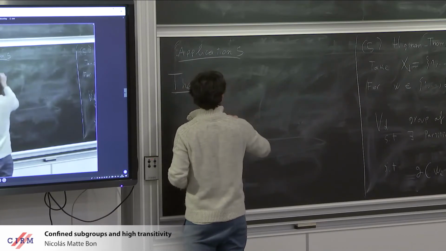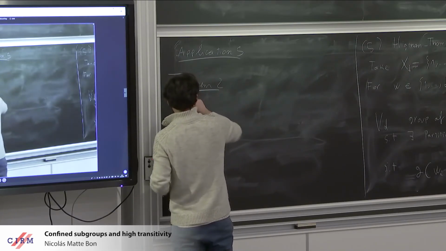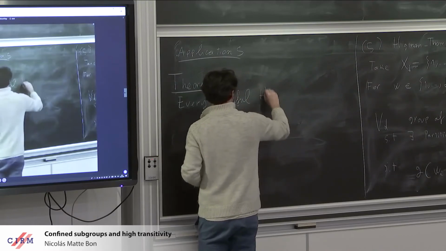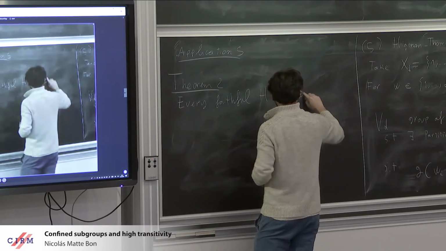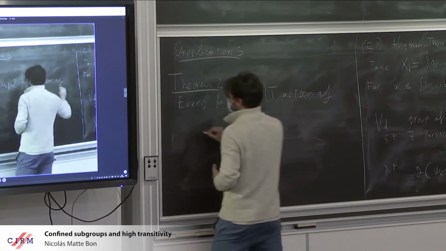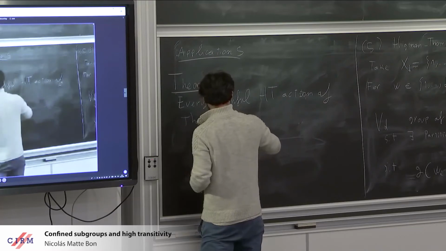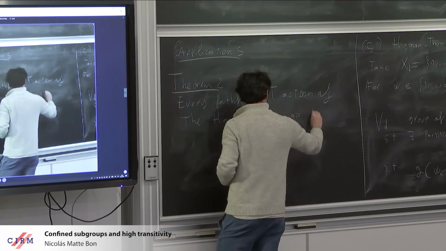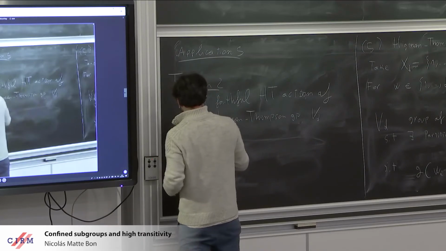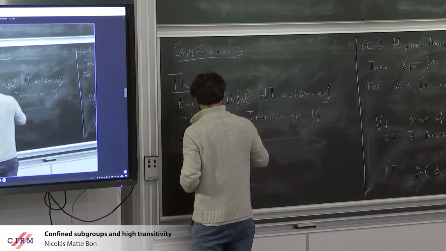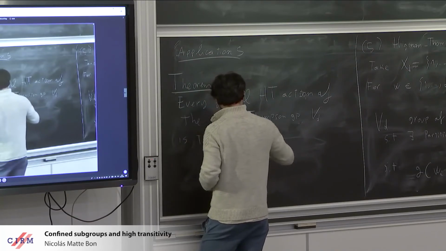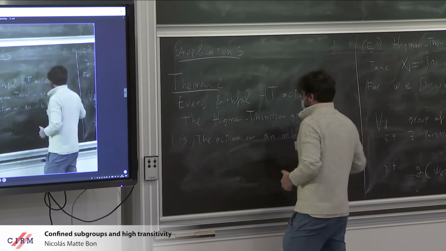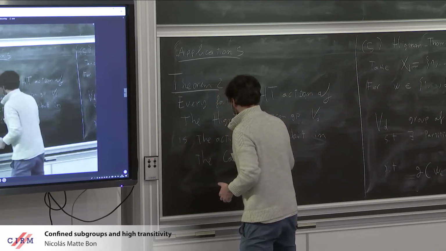So Theorem 2 is that every faithful, highly transitive action of the Higman-Thompson group VD is conjugate to the action on an orbit in the Cantor set.